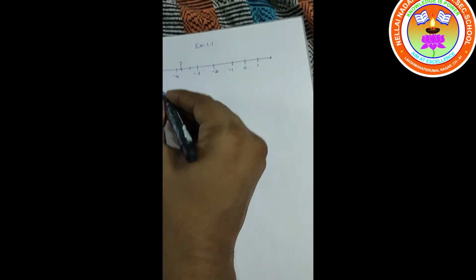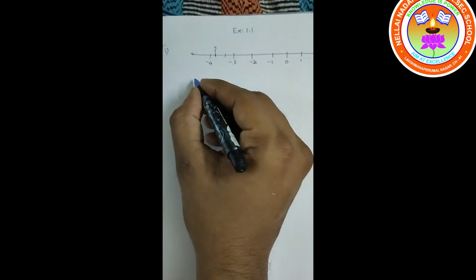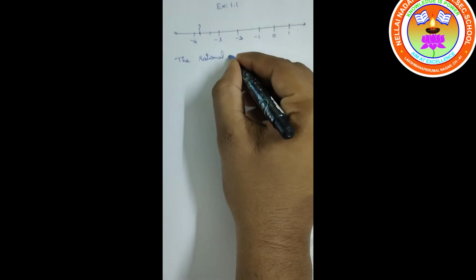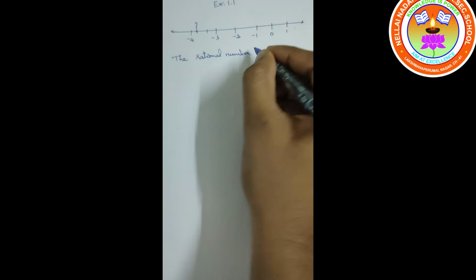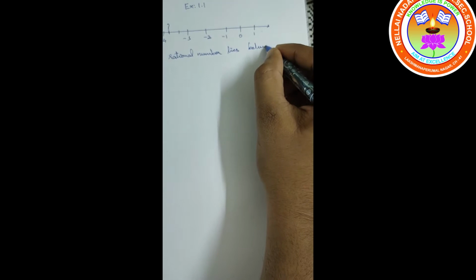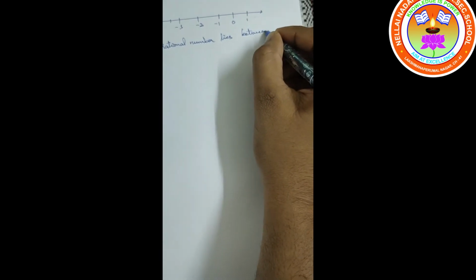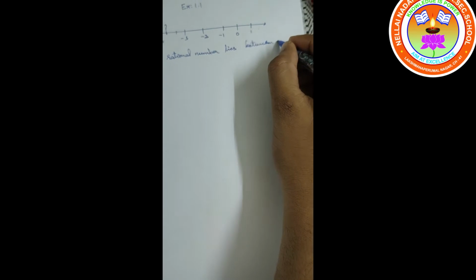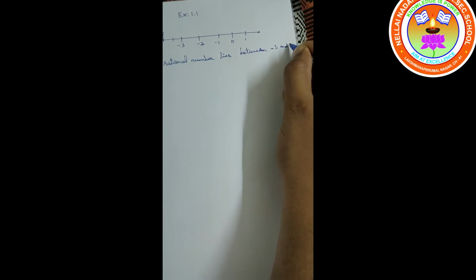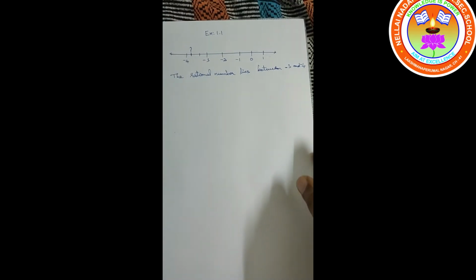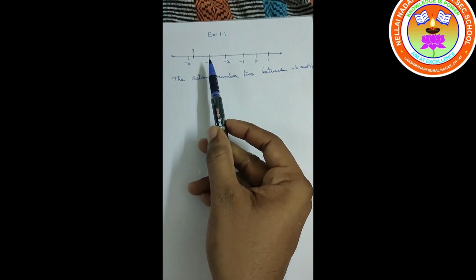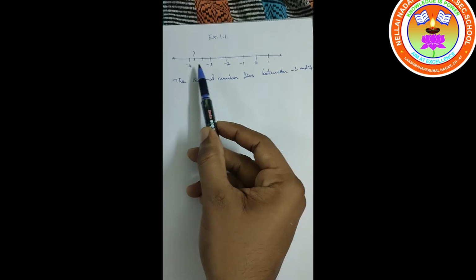It lies between the rational numbers -3 and -4. First thing we have to see that only. This question mark lies between -3 and -4.